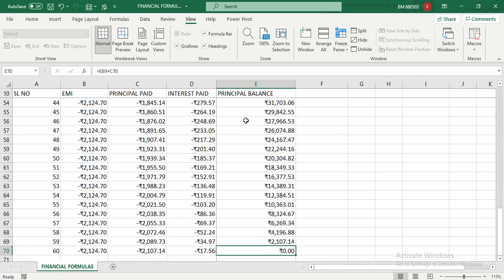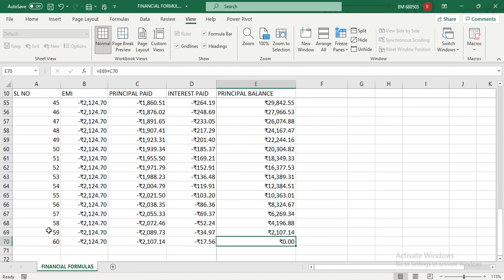So you can see that for the penultimate month, which is the 59th month, the principal balance is 2107.14, which is exactly the principal paid for the last month, and that way our loan amount becomes absolutely 0. All right.